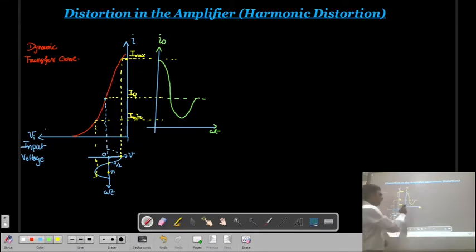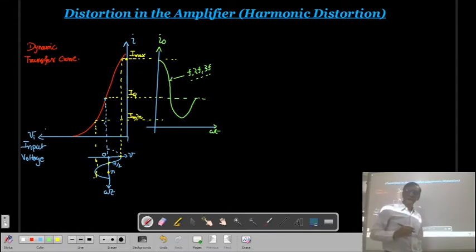In this signal you will find a fundamental frequency, the second harmonic will be there, the third harmonic will be there, and different harmonics are present. Now, how to calculate the amplitude of the second, third, fourth harmonic? Okay? Here we are going to discuss the second harmonic. Remember, because it is very important.